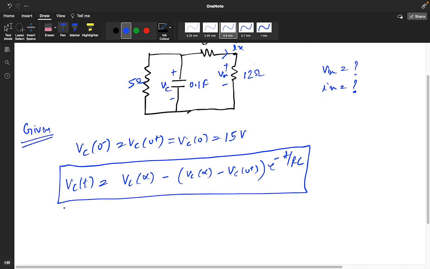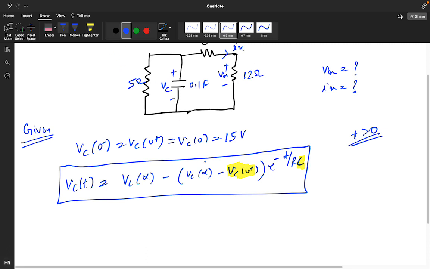So what things do we know here? This parameter we know, right? C we know, right? And we have to find the value of Vx at t greater than 0.